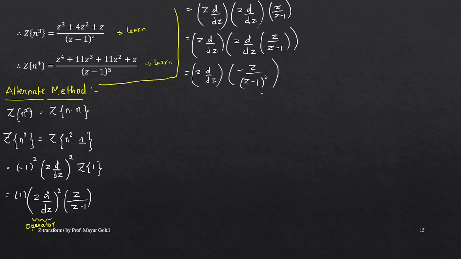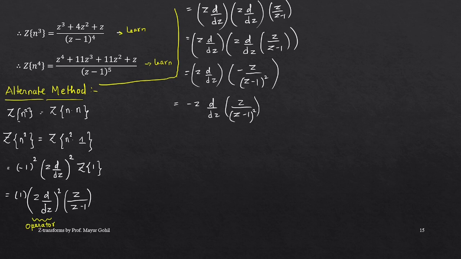You take the derivative and do the multiplication, you will get that. Now this one is going to be minus of z d by dz operating over z minus 1, at the denominator there is a square.